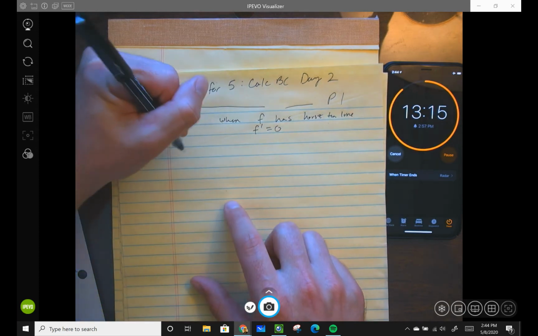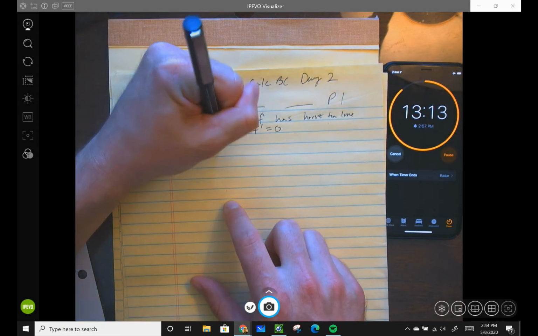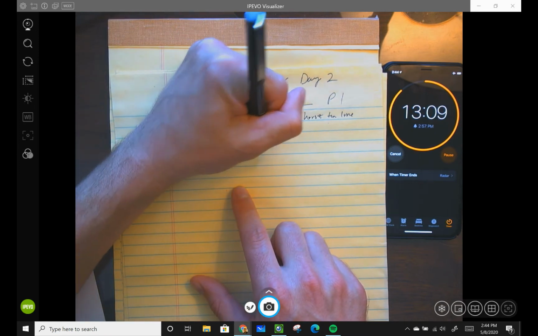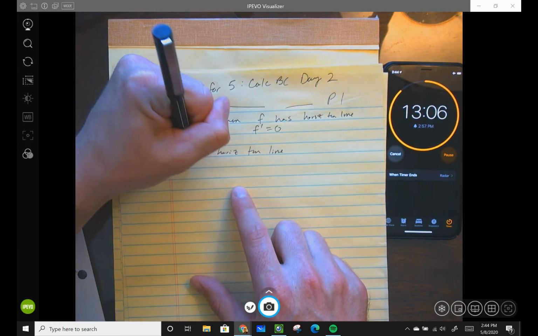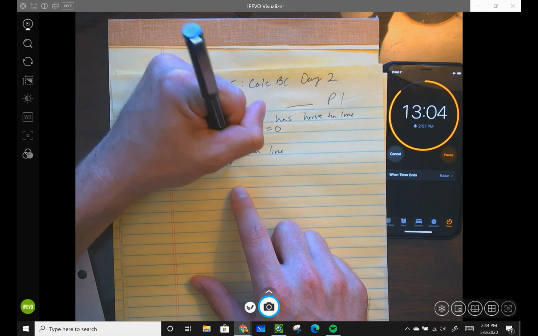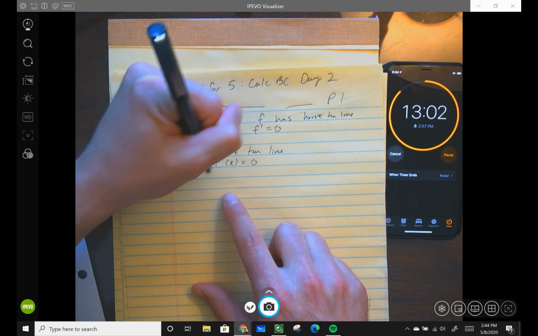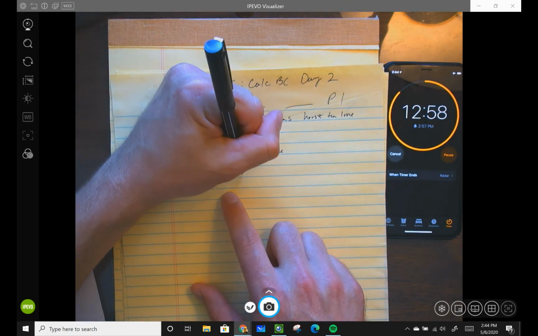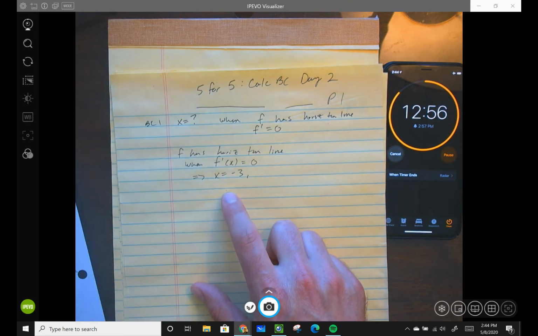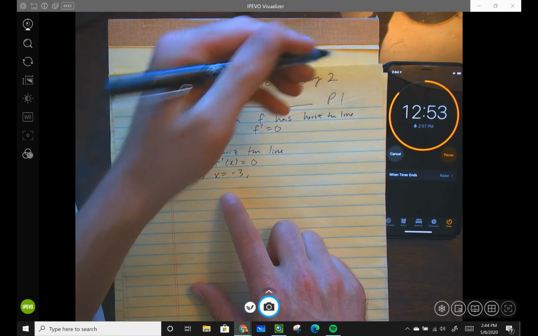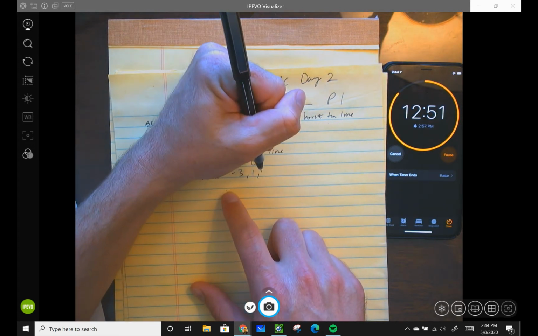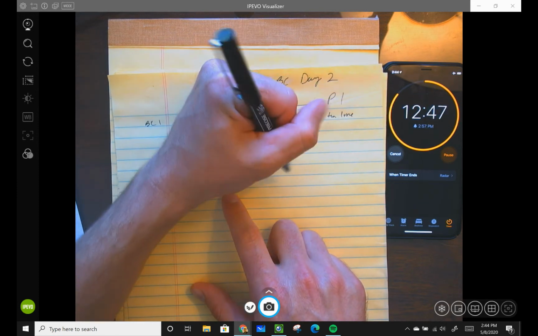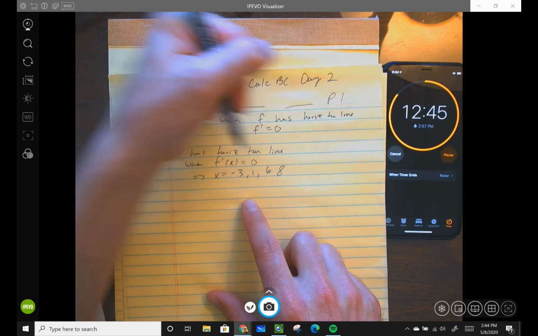Okay, so f has a horizontal tangent line when f prime of x equals 0, and that's when x equals -3, 1, 6, and 8.